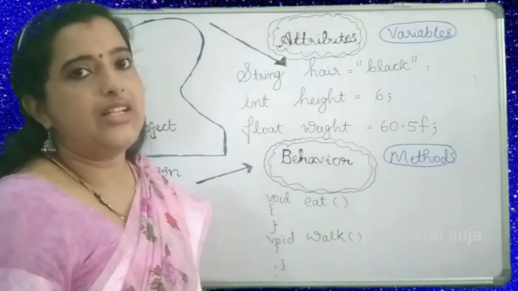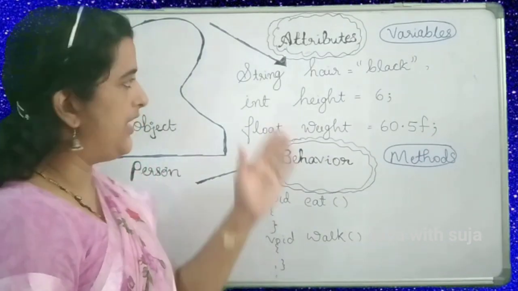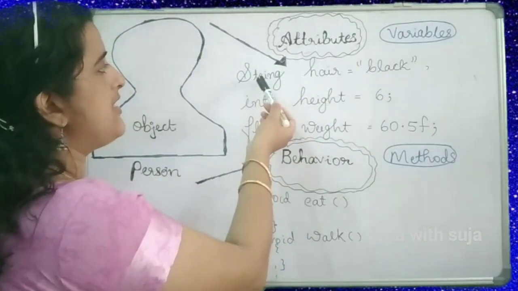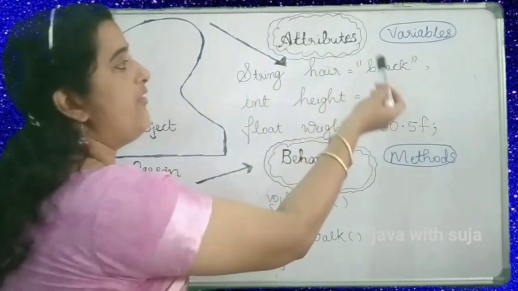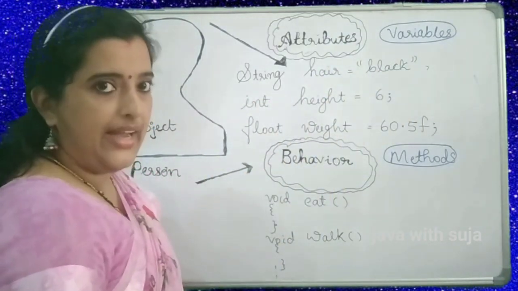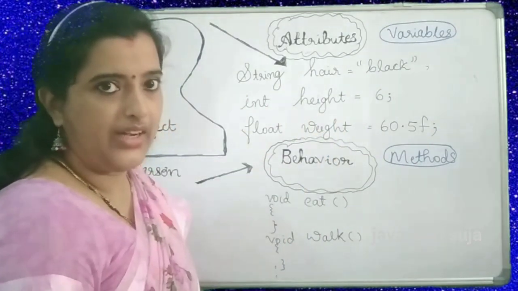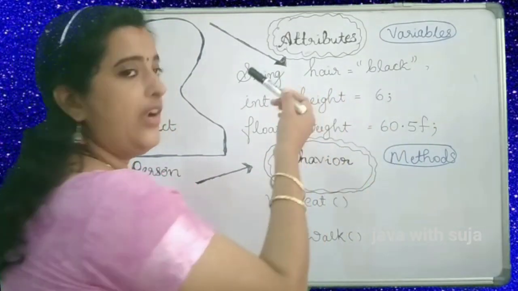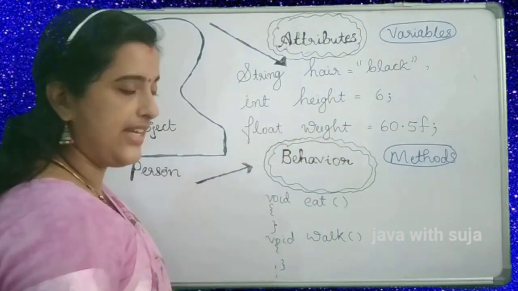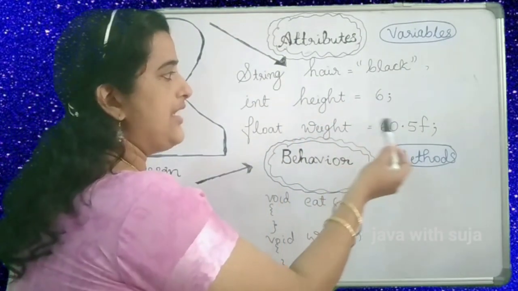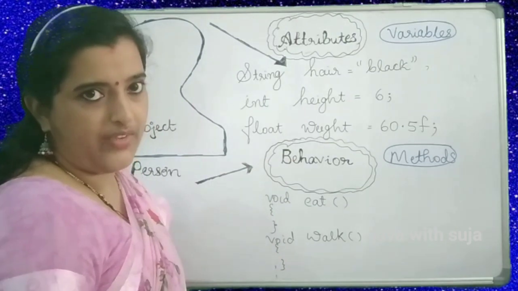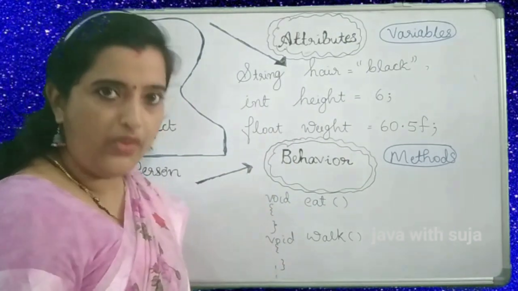These three variables have three different data types. You might have noticed here hair contains the data type string and the value assigned is black, whereas height and weight both contain numerical values. Here height is a whole number, so I have given the data type int, whereas weight is a floating point value, that is why the data type is float.